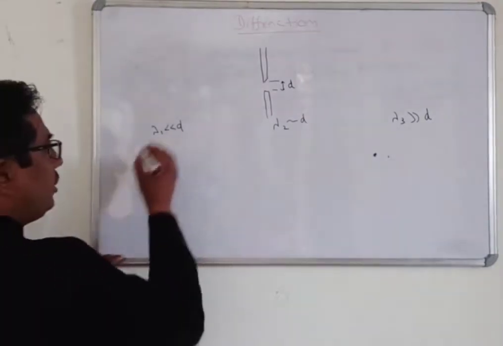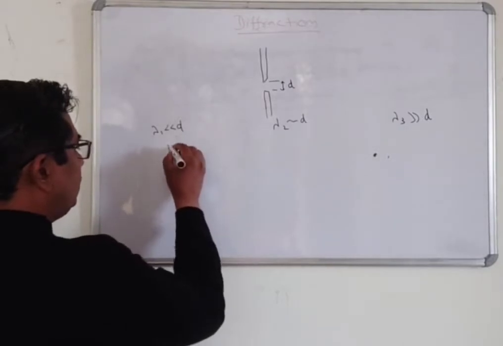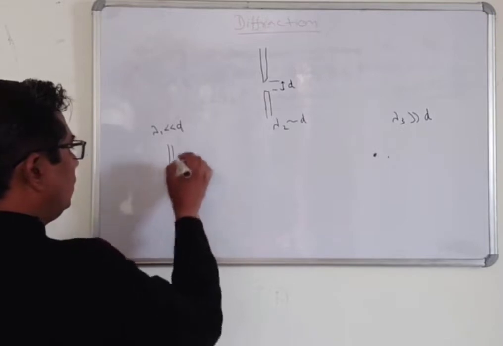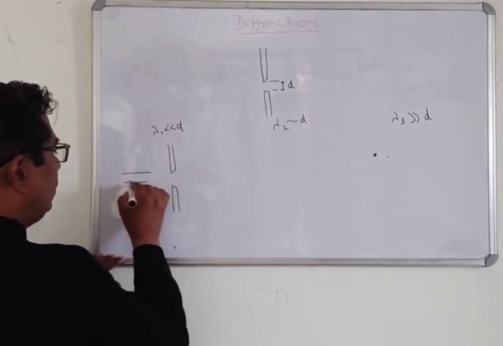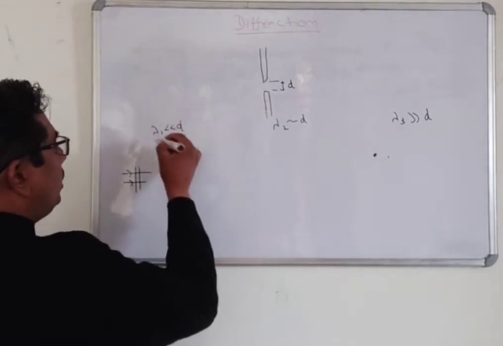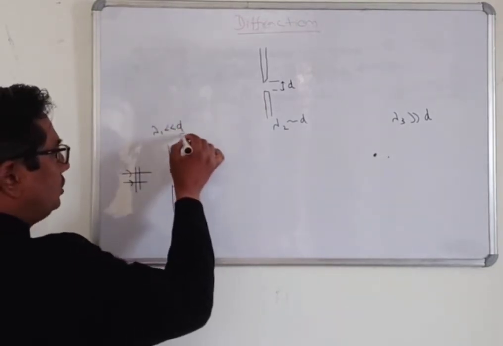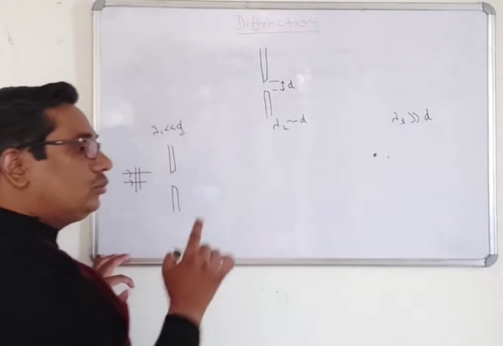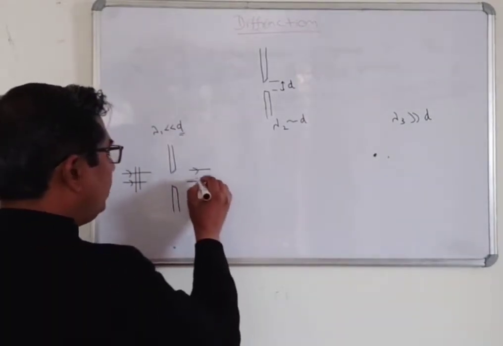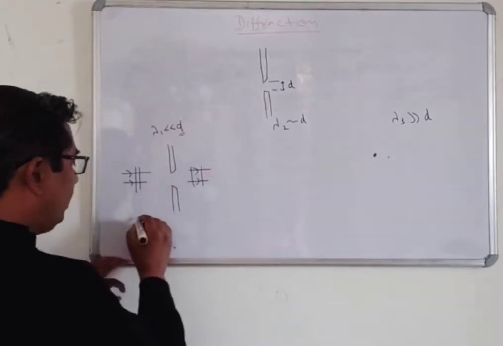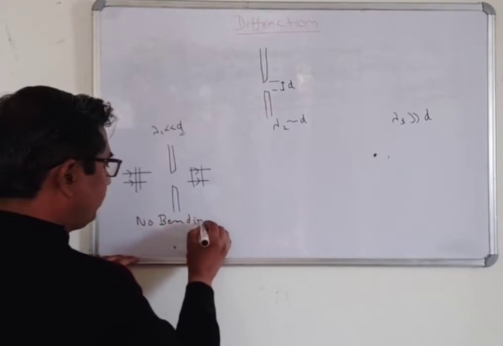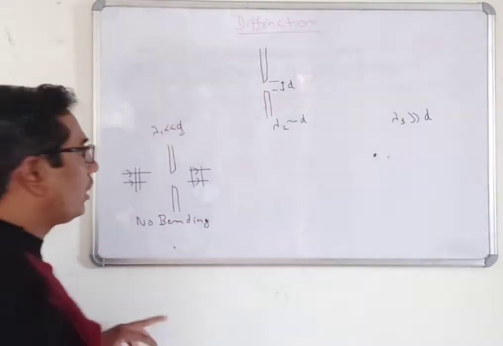It means that now in this condition you can see that the wavelength of the wave is very small. According to the condition, here you will not see any type of diffraction. It means no bending of the wave.